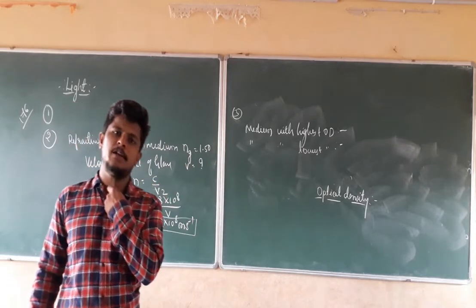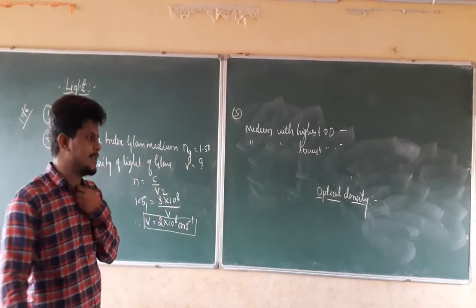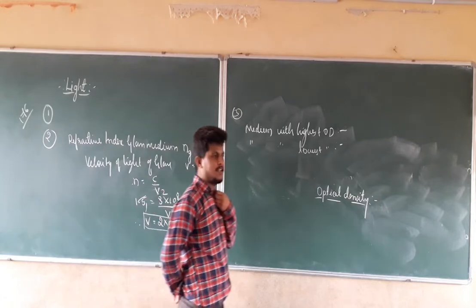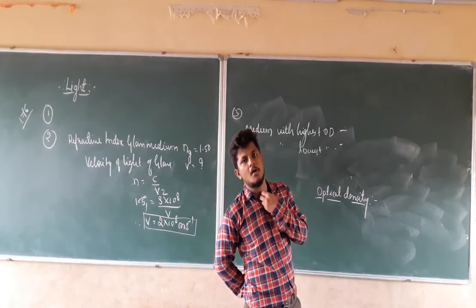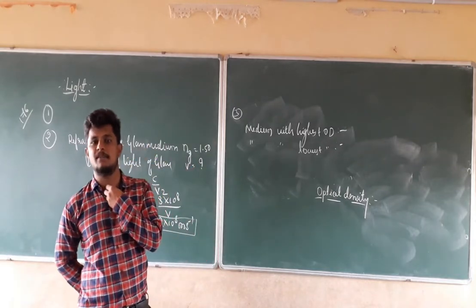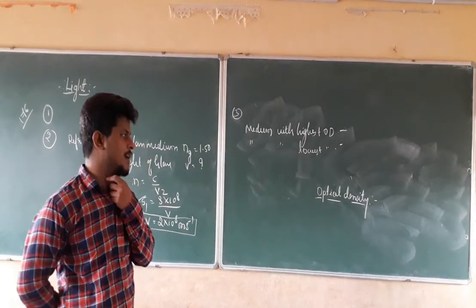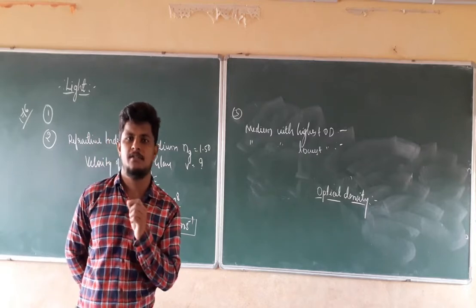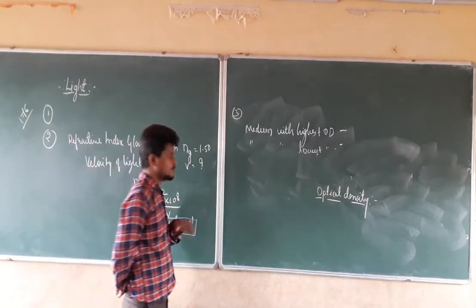First of all, what do you mean by density? Density is nothing but mass divided by volume. Optical density is different.